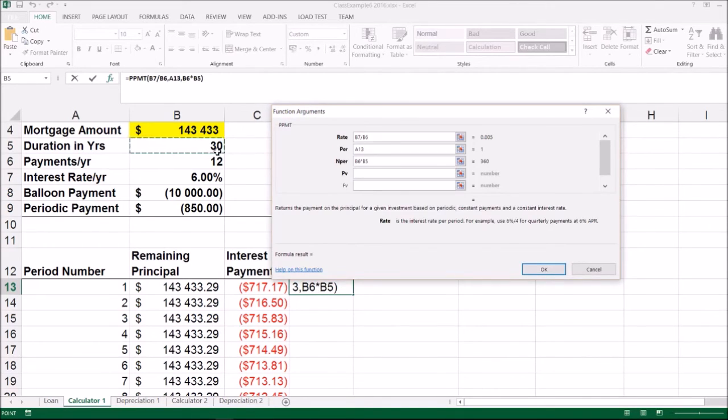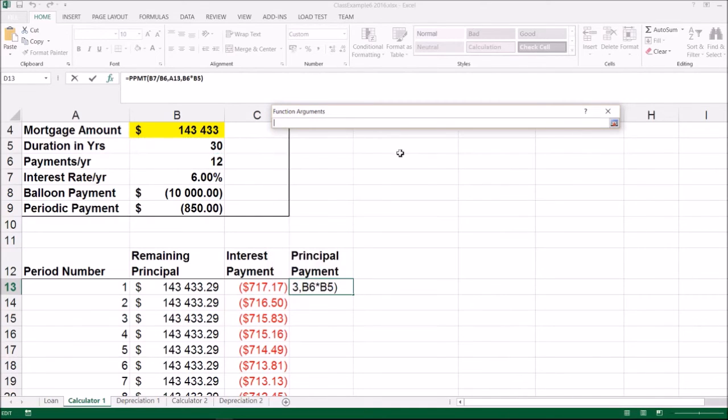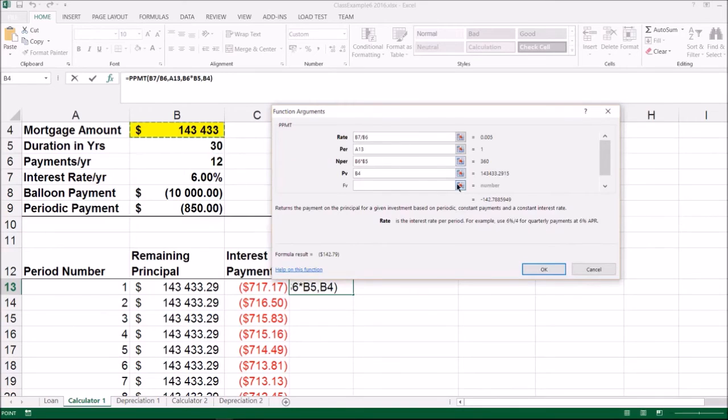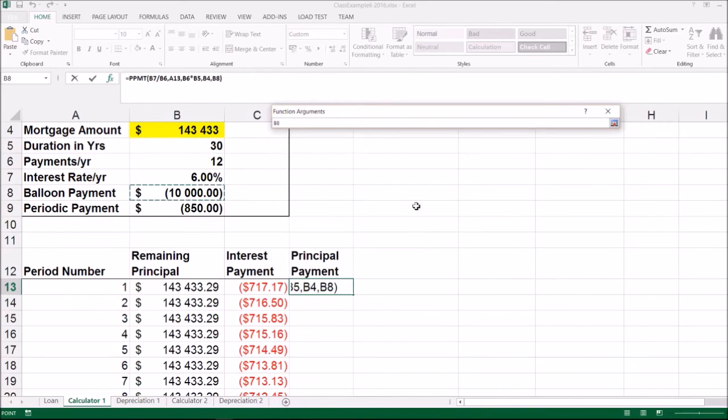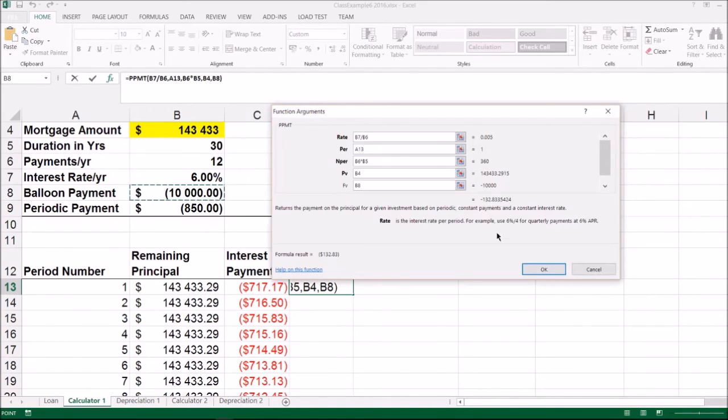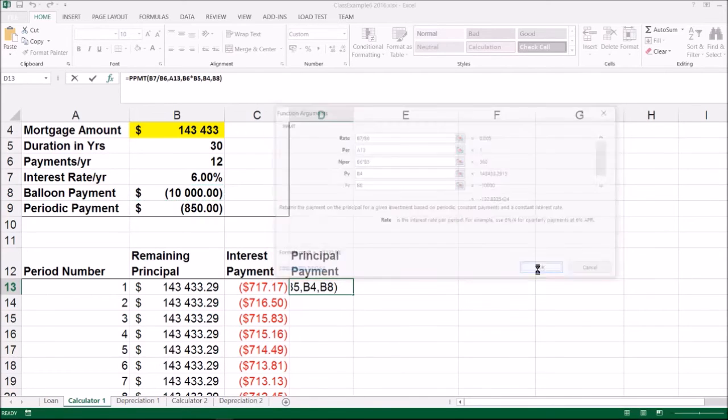Now select your present value, which is your mortgage amount, and lastly your future value, which is your balloon payment. Click OK, and you will get that value.